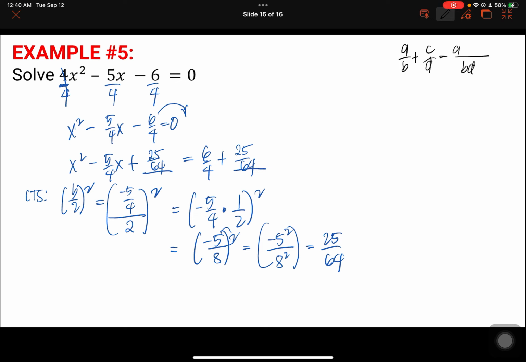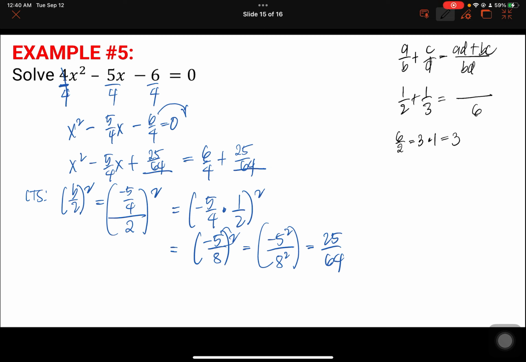So, dito ay magiging AD plus BC. For example, 1 half plus 1/3. Ano LCD nila? 2 times 3 is 6 kasi B times D is yung kailangan sa baba. So, 6 divided by 2 is 3, times 1. So, magiging 3.